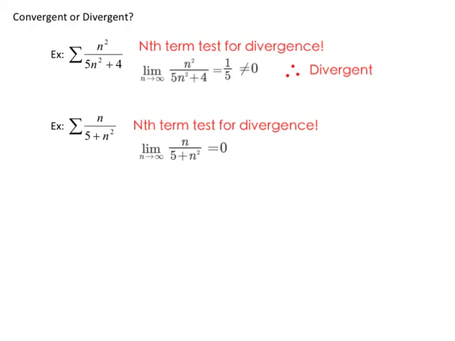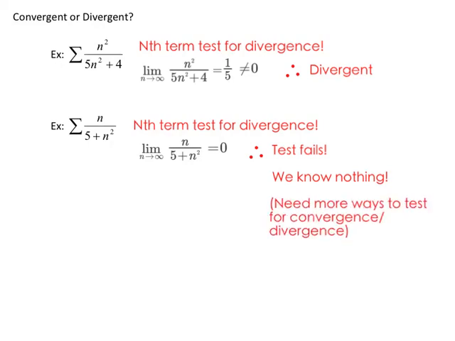And if you get 0 for a limit, the test fails, because just because my general term approaches 0 doesn't mean that I'm going to either converge or diverge. I can go either way with it. So the test fails, and for right now, we know nothing about this particular series. We would need a new test, which we don't have yet, but we'll have in a couple weeks. We just need more ways to test for convergence or divergence.